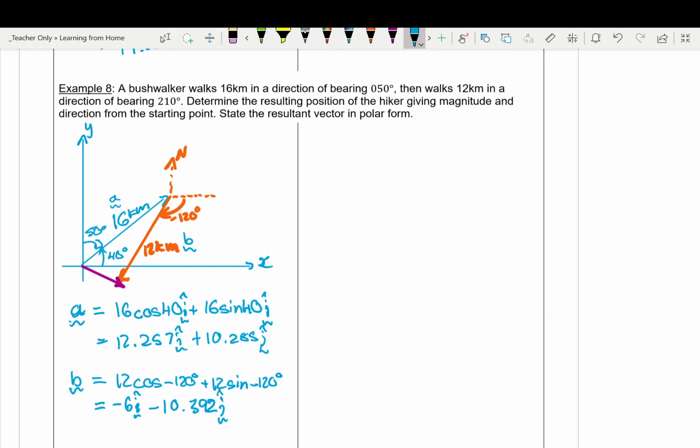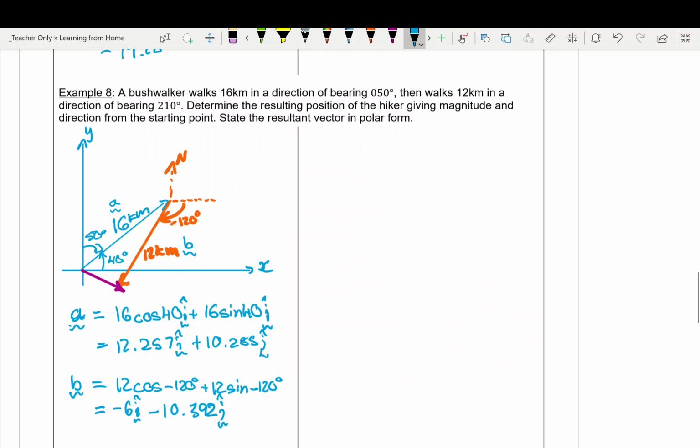Okay, so A plus B, if we were to add its components, is going to be 12.257 minus 6, which is going to be 6.257 i. And then we've got 10.285 minus 10.392, which actually gives us negative 0.107.